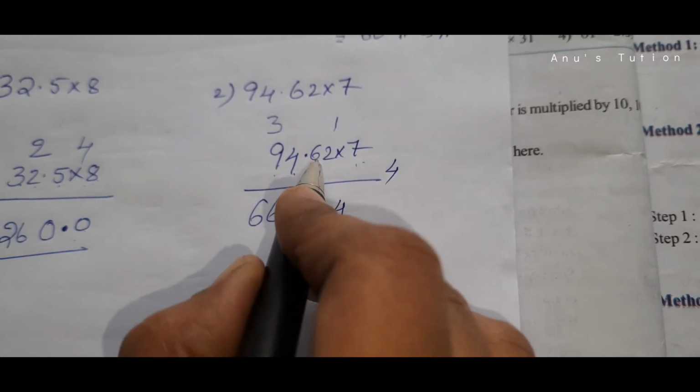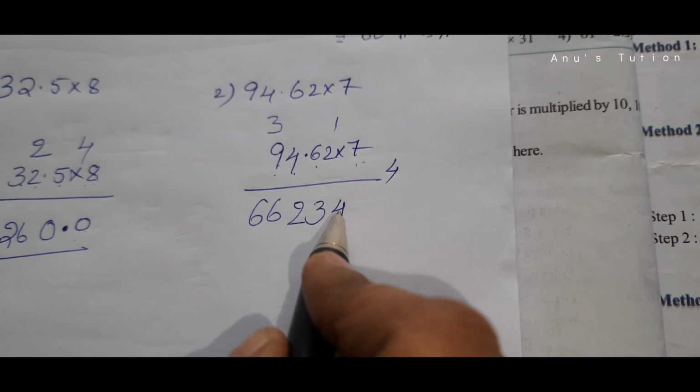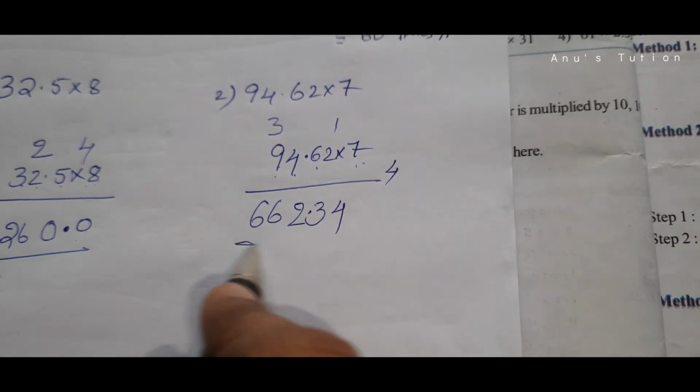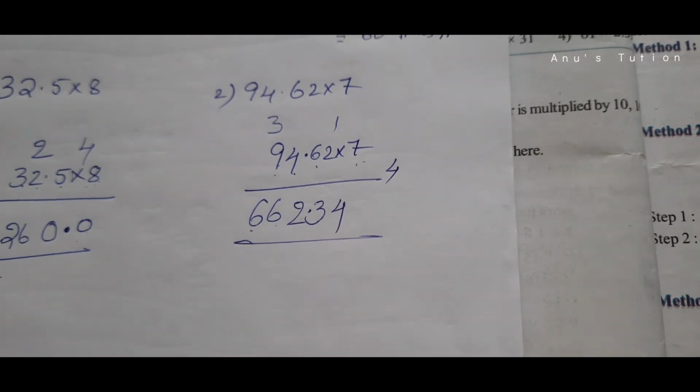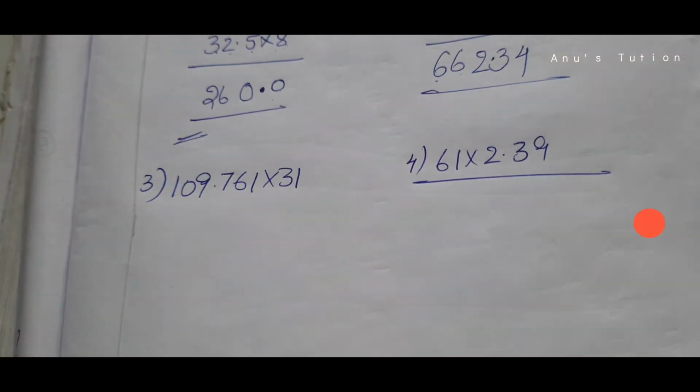After the decimal point, 2 numbers are there. Then next what do we have to count? 1, 2. What is the answer? 662.34. First one, second one completed. Now we will complete the third and fourth.